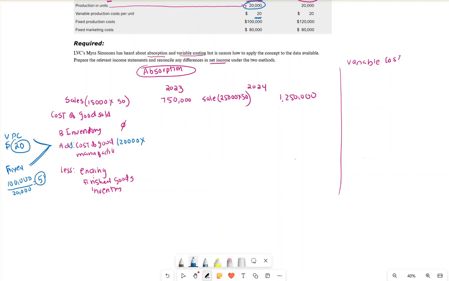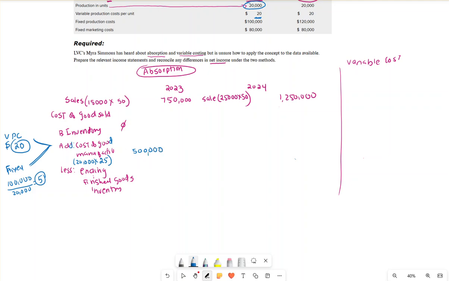Variable is 20. So if I add both, the manufacturing overhead cost for absorption is 25. If I multiply it, that will be your 500,000. Goods manufactured, we have 20,000 multiplied by the 25, and that will give me 500,000.